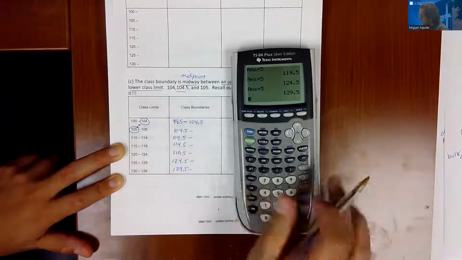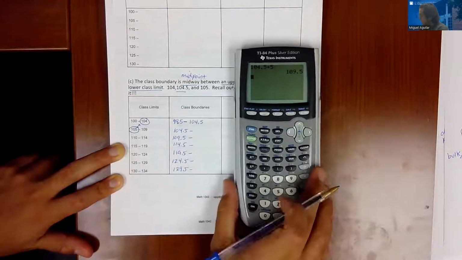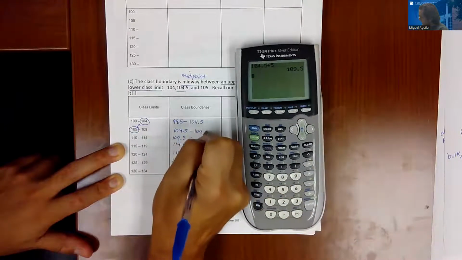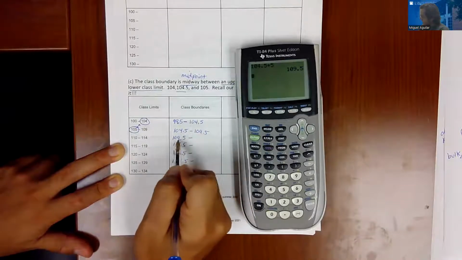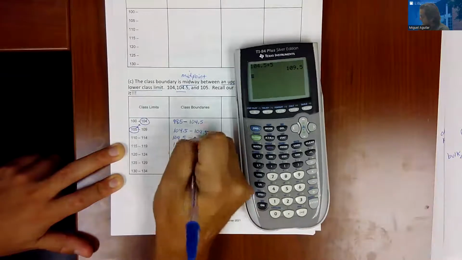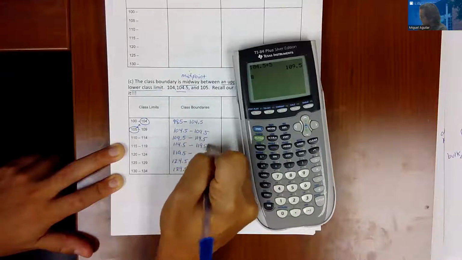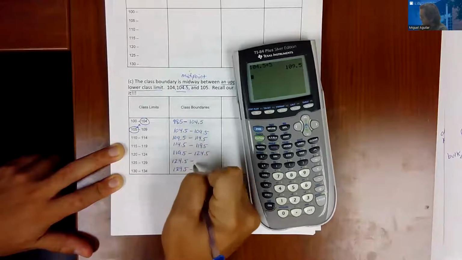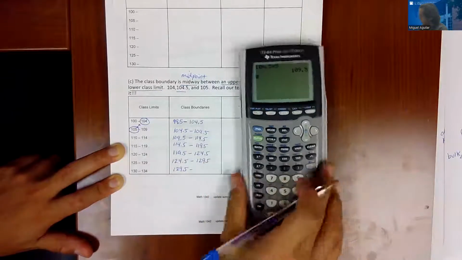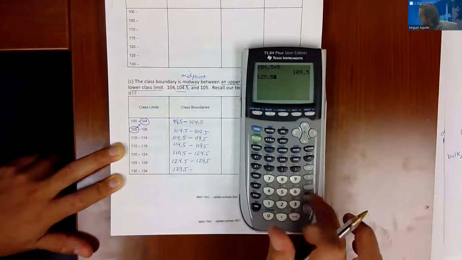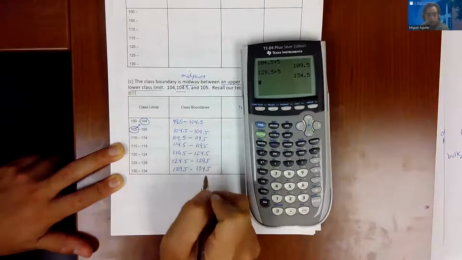Then we can go to our upper boundary over here, 104.5, and add the class width. Plus 5 gives you 109. But we've already calculated these, right? If that's 109.5 here, then this should be 114.5. This should be 119.5, 124.5, 129.5. And then if we added 5 to that, 129.5 plus 5, 134.5, right?